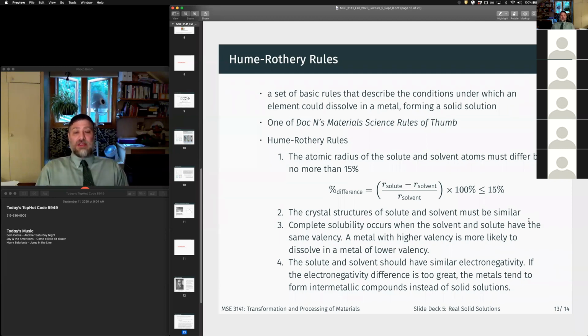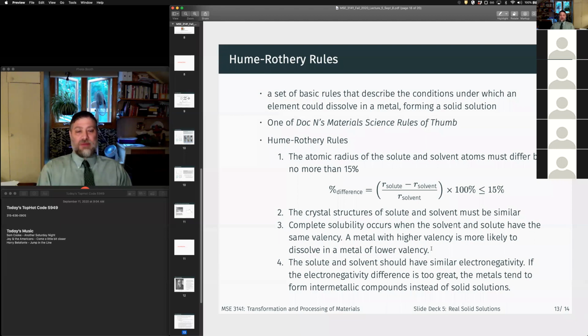If there is a difference in valency, the metal with the higher valence is likely to dissolve in the metal with the lower valency. So something with a valence of plus X is going to have more solubility in a metal with +1 than the other way around.